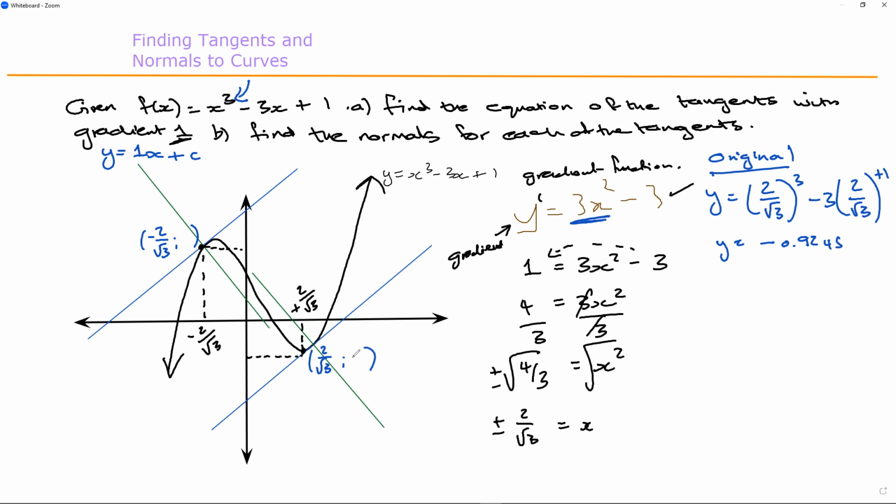So this one here is going to be negative 0.9245. That's the one y value. The other y value, we simply put a negative in front of the substituted value.